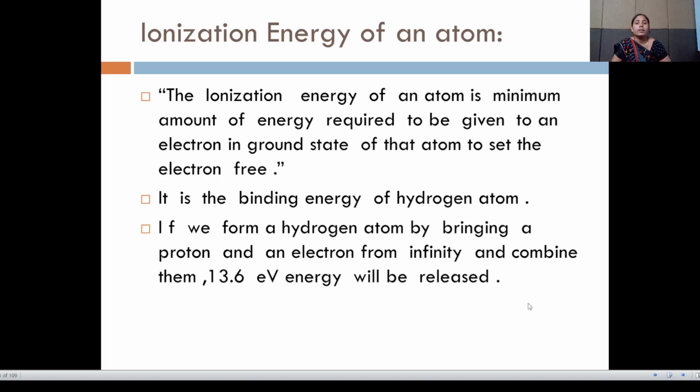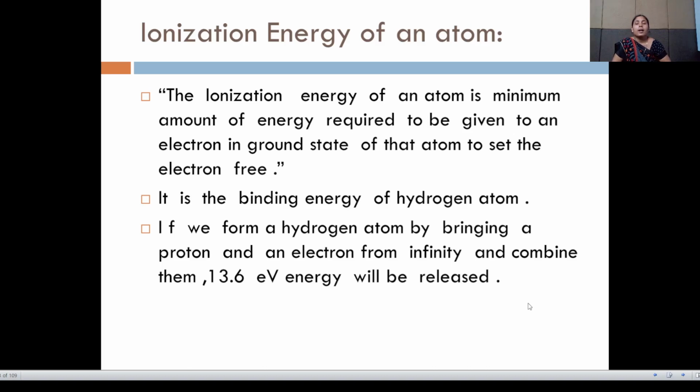The ionization energy of an atom is the minimum amount of energy required to be given to an electron in the ground state of that atom to set the electron free. So it is the binding energy of the hydrogen atom.